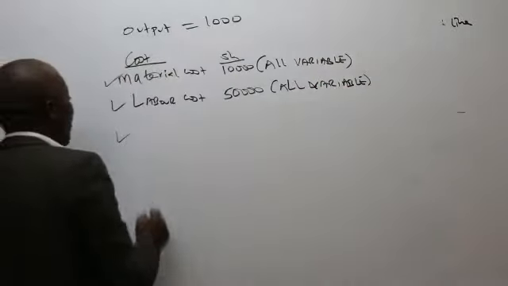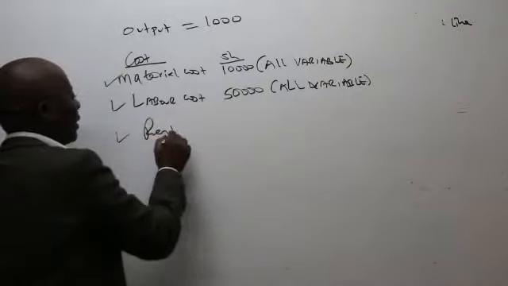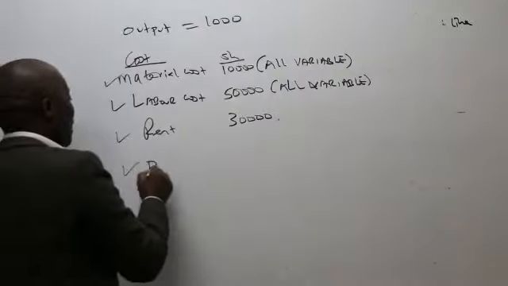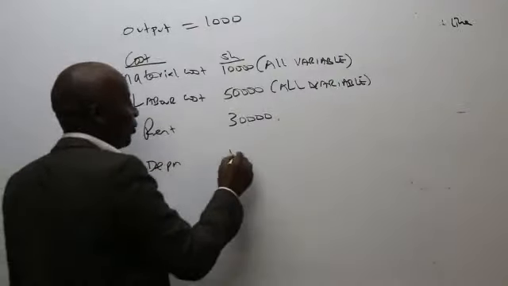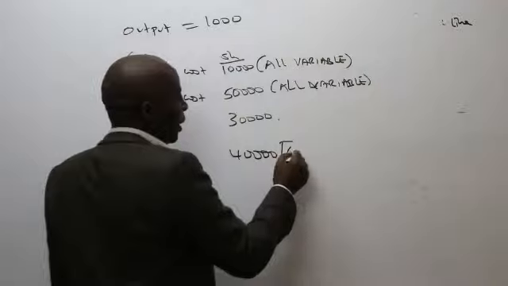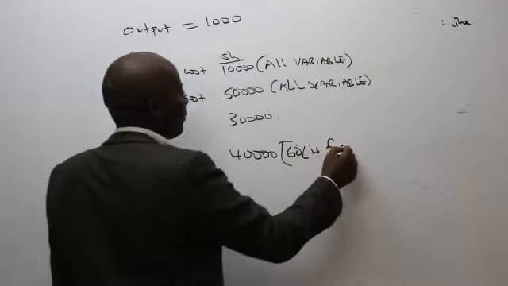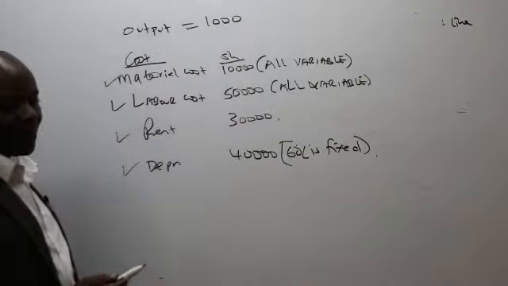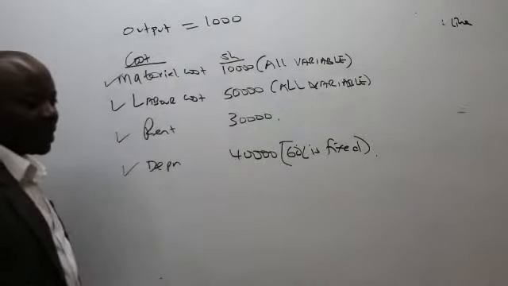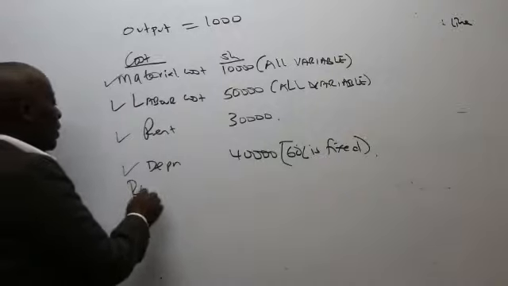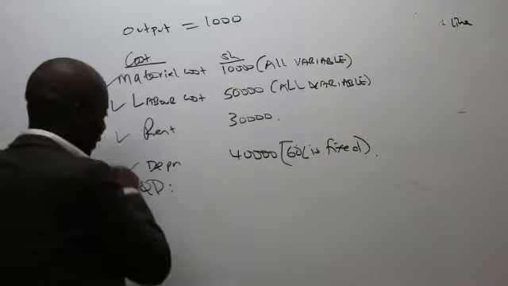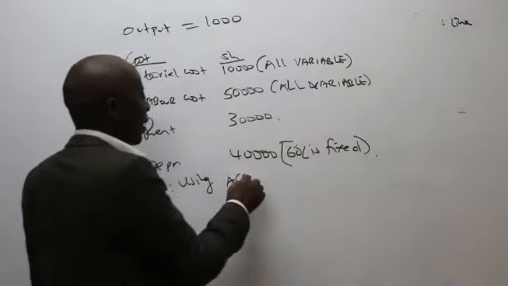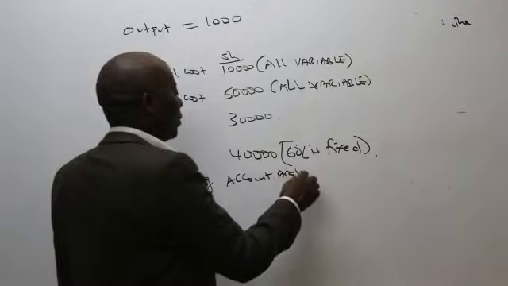And then, ladies and gentlemen, we have rent, 30,000. And then we have depreciation, 40,000, and we are told here 60% is fixed. So we are required to do something very simple here.